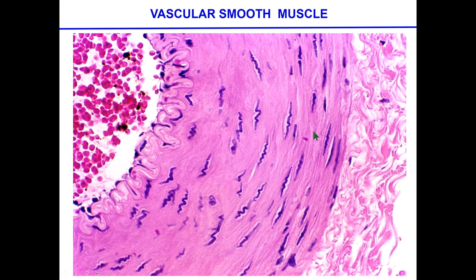Maybe the person was kind of nervous when he did the preparation. But that's the way it looks. It's a densely packed portion of smooth muscle. Okay, that forms a substantial portion of the wall, in addition to the connective tissue inside and the endothelial cells in the inner part of the vessel. Questions?